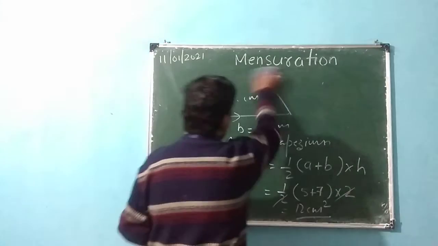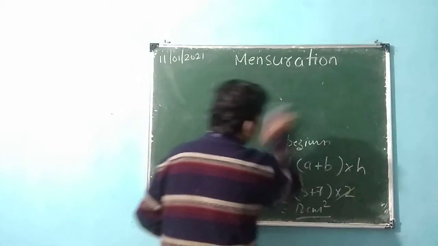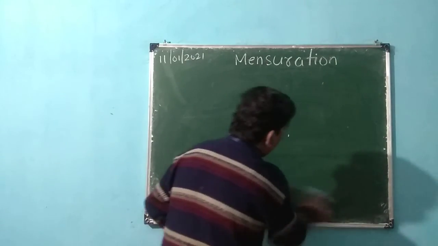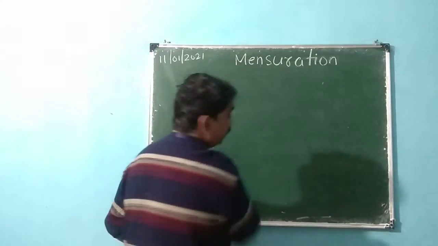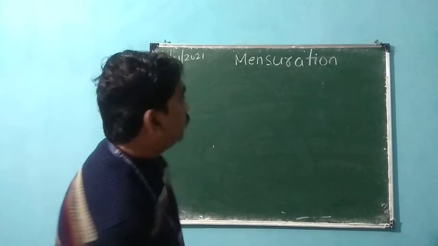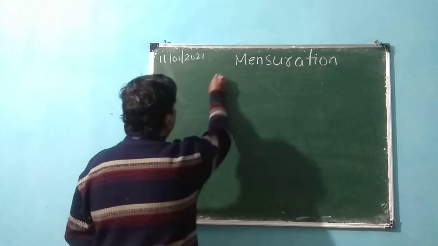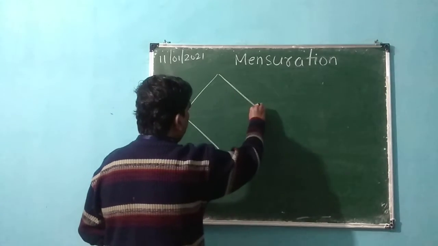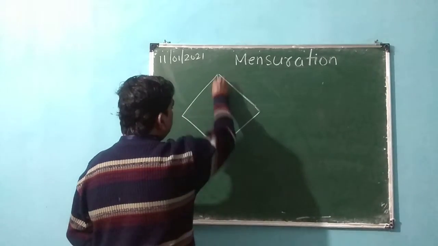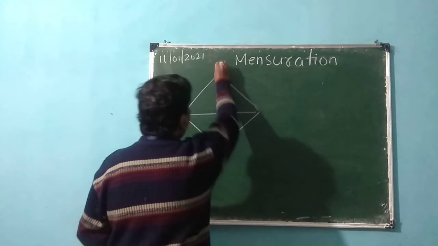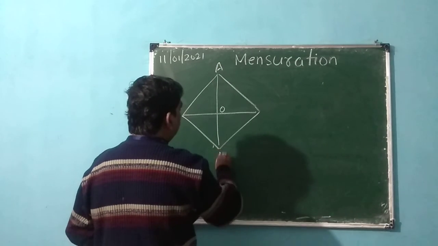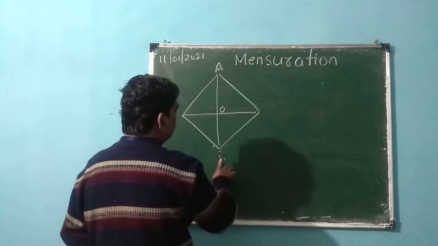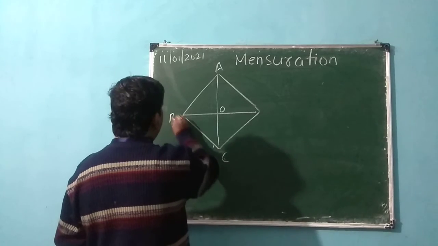Okay. Now, if I have to find out the area of rhombus, what I will do? Suppose AOB, BOD here.